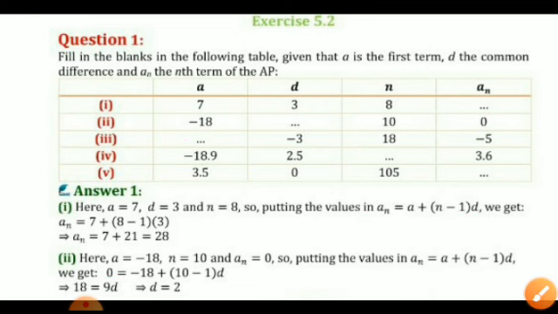Simplifying, you will get the value of d = 2. Is that clear? The questions related to such types will be easier.